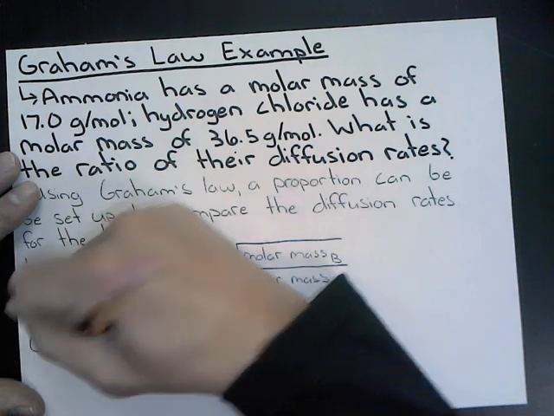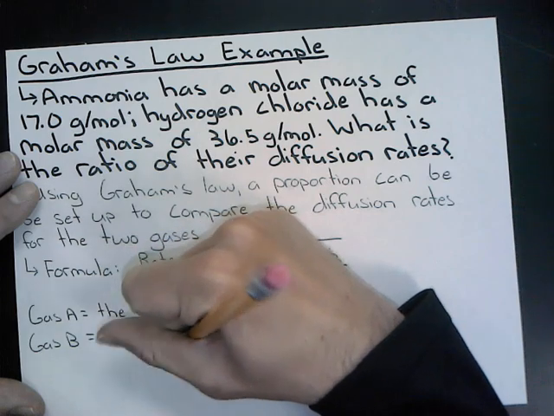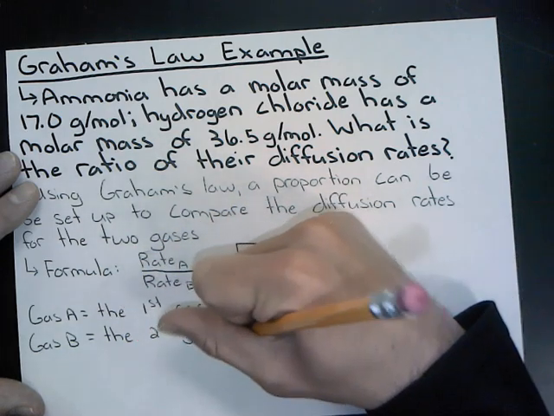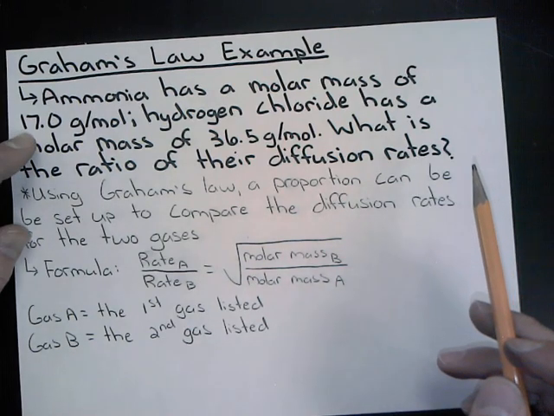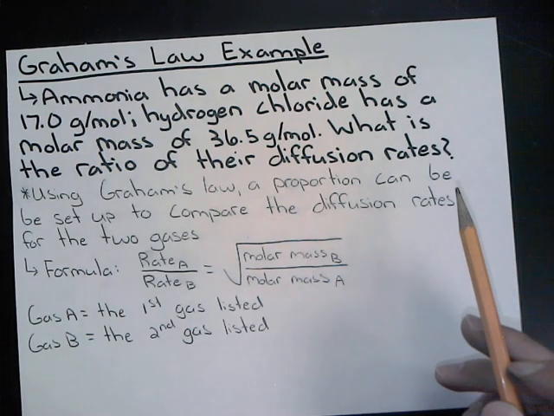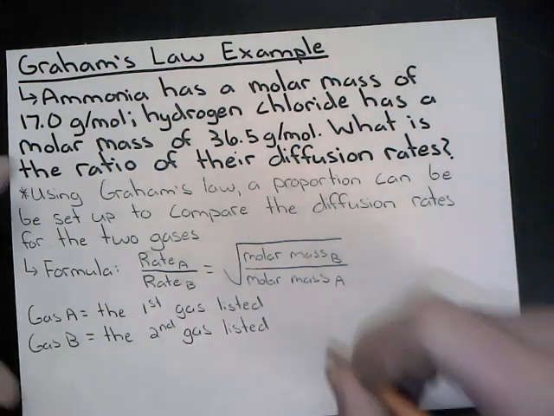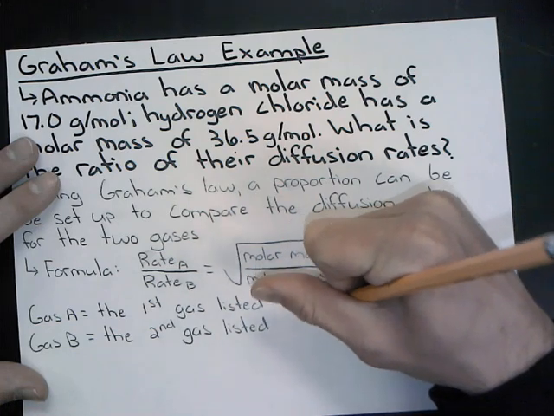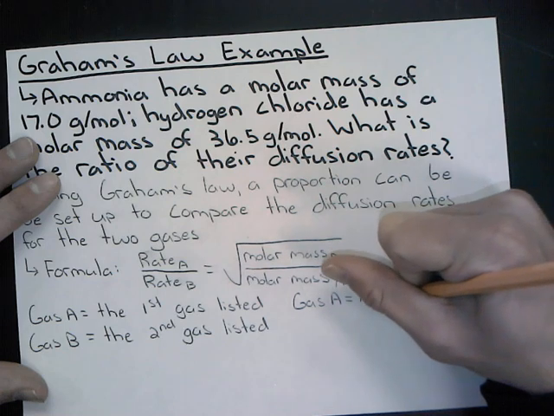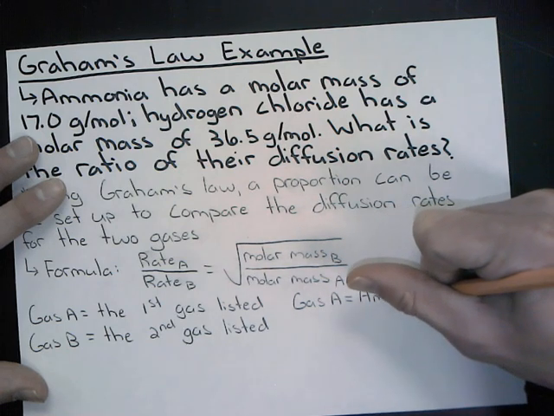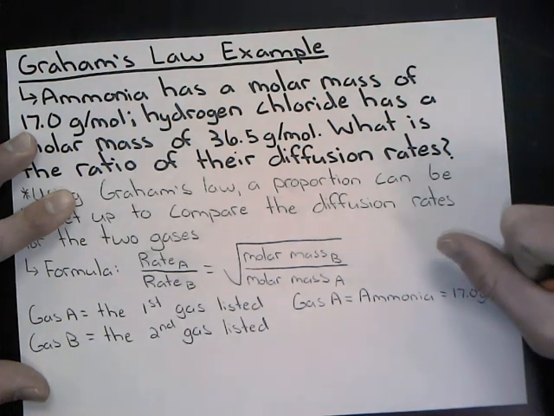In our problem, our first gas is ammonia, so we call ammonia gas A. Gas A equals ammonia, which has a molar mass of 17.0 grams per mole.